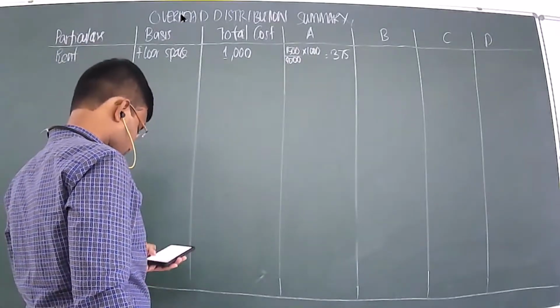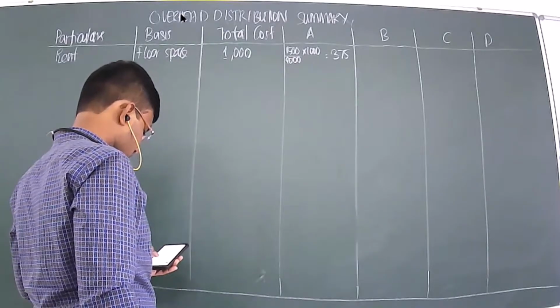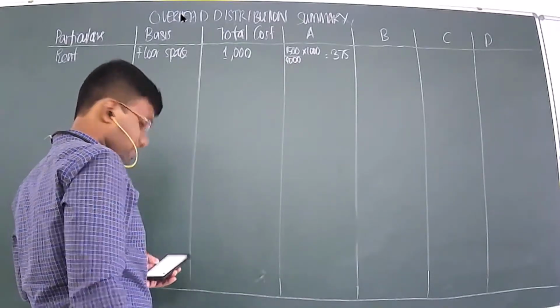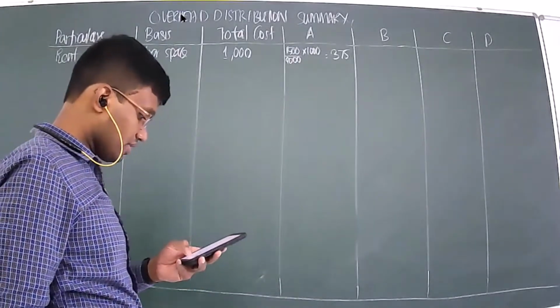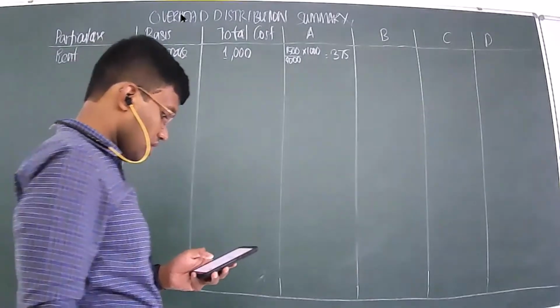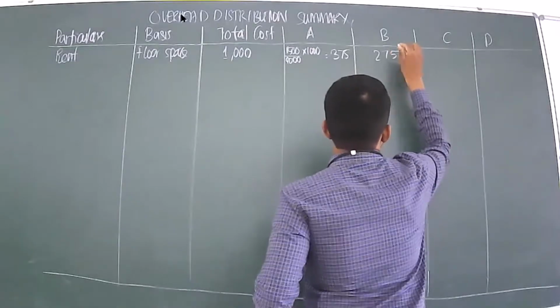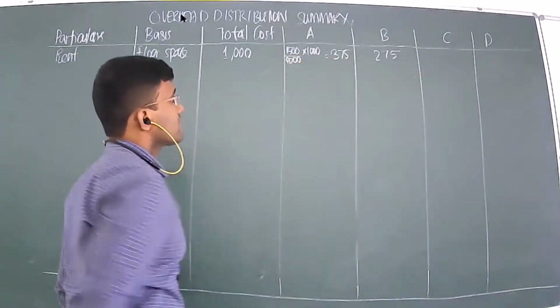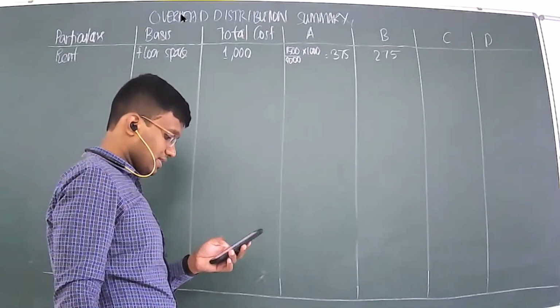Now let's go on to the next one, department B. We've seen that it is occupying 1,100 square feet. So based on 1,100 square feet, we will have to pay 275. Again, it is the same calculation.